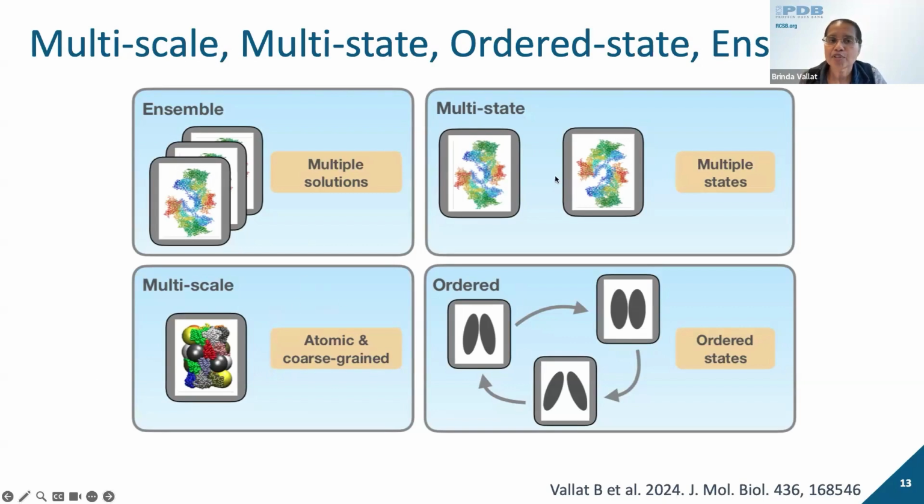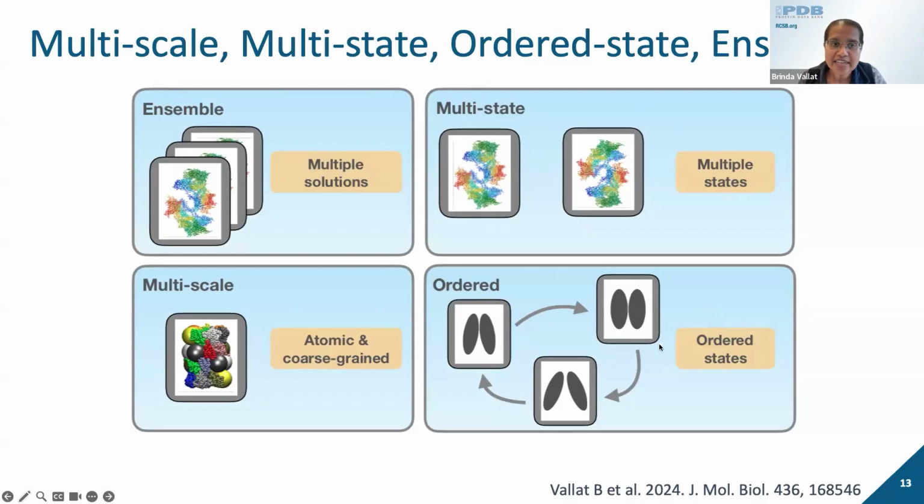Multi-state models correspond to models that are in multiple conformational or compositional states that collectively satisfy the input information. That's how they are different from the ensemble representation, where each one individually satisfies the input restraints, whereas in multi-state, you can have, say, an open or a closed conformation, or a bound or an unbound conformation, and they collectively satisfy the input restraints, which can be very heterogeneous.